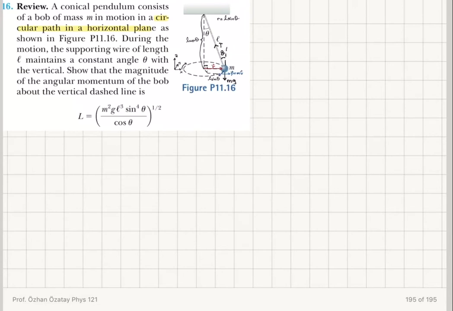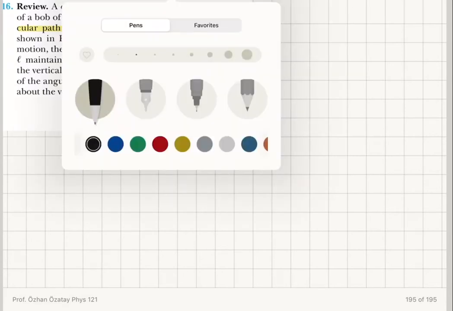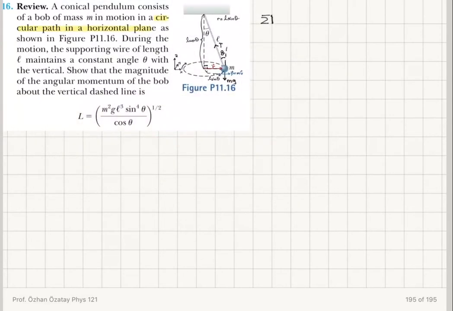Okay, now that I understand the setup of this problem, let me concentrate on the forces in order to figure out the relationship between the forces. Now, the net force on the z-axis, that is the vertical axis, is T cosine theta minus mg. And what is this force equal to?